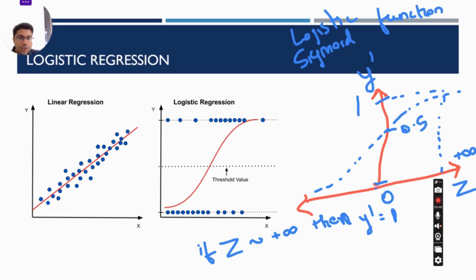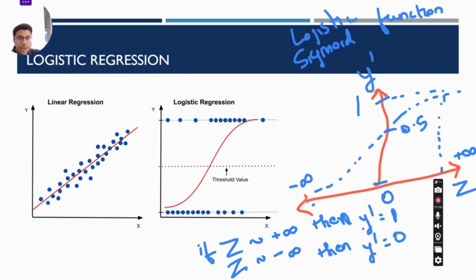When Z is close to 0, y dash is 0.5. And when Z is approximately negative infinity, y dash is 0.